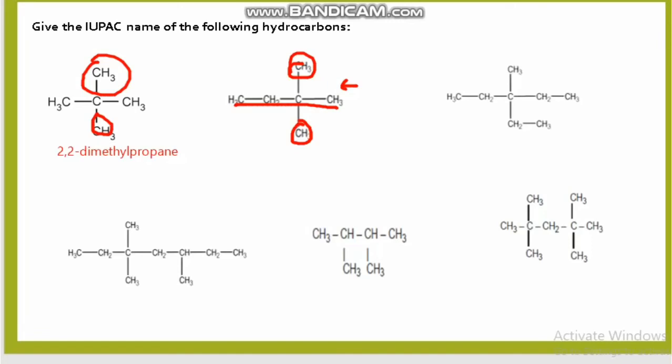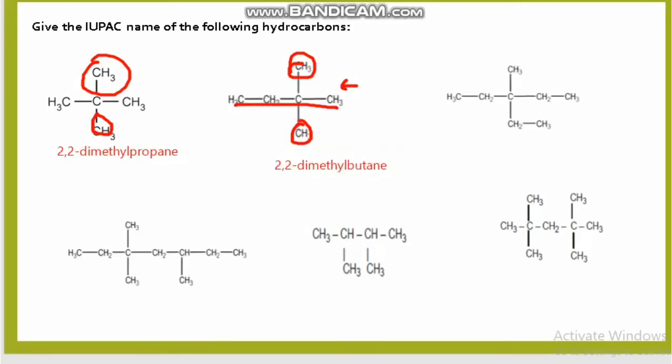Now, as we said, we name the main chain, which is 4 carbon atoms, meaning it's butane. We have 2 identical branches. We have to use prefix di, and finally we number each branch. Now the first branch is connected to the second, and the second is also connected to number 2. So the name becomes 2,2-dimethylbutane.